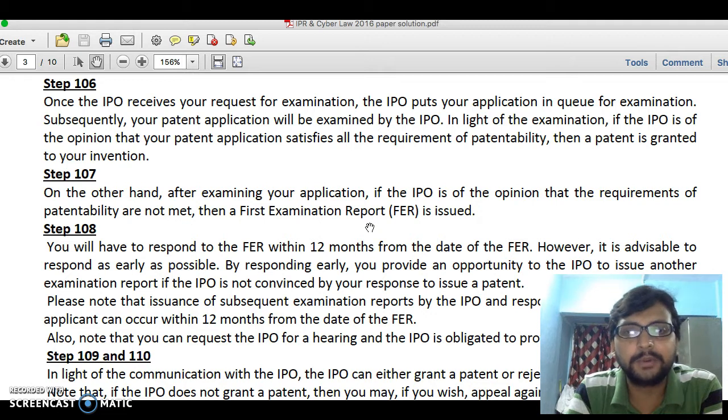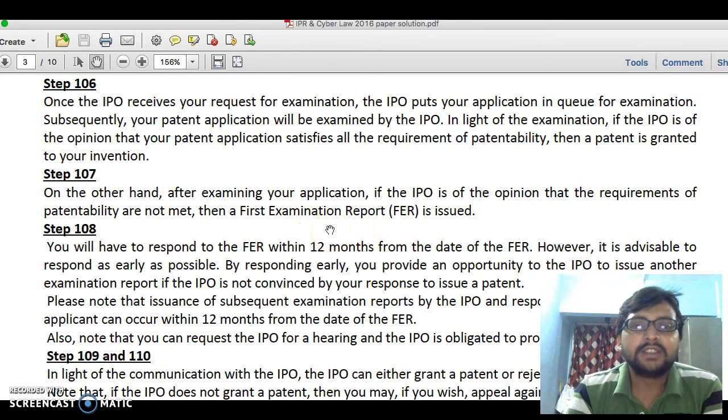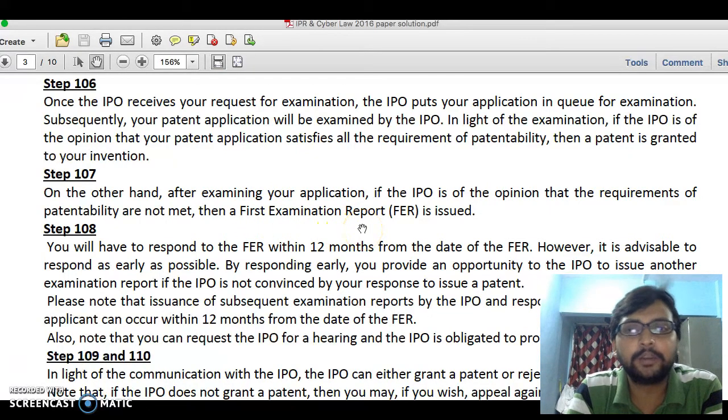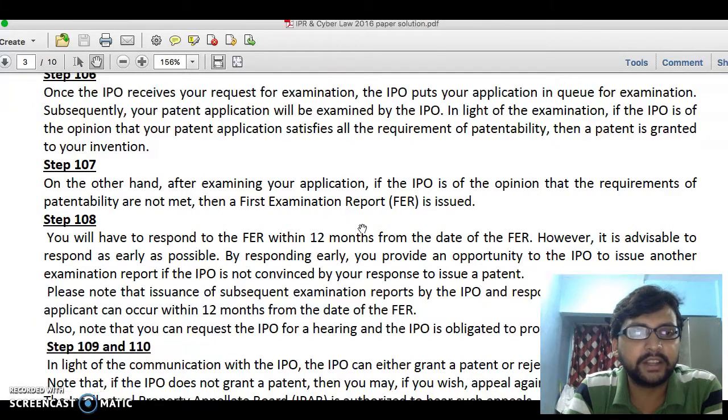Once you are done with that, they can put this application in process again, and if you are done with this, then it goes for registration. Or if you fail to prove the eligibility of your idea, then your patent application is going to be rejected.